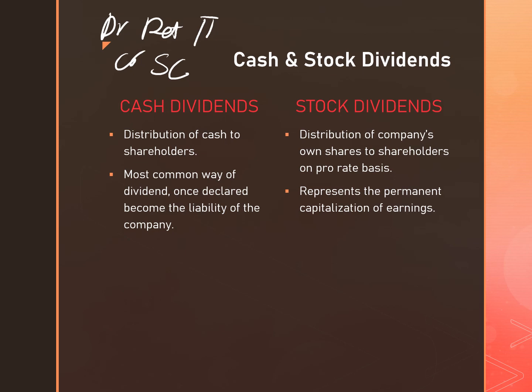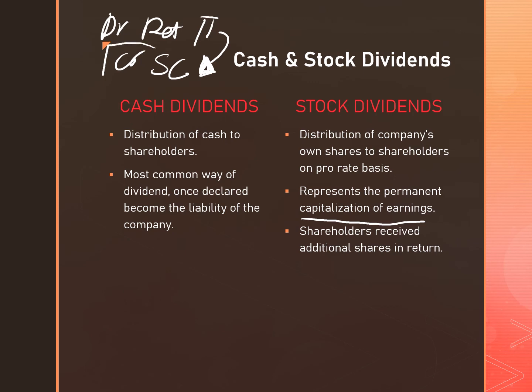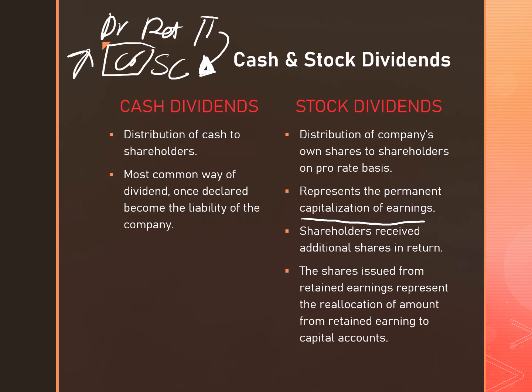So capitalization of earning maksudnya you daripada sini ke sini capitalizekan you punya earnings. Next, the shareholder receive additional shares in return because if you can see from here, dia akan credit, so dia akan increase in share capital lah. And then the shares issued from retained earning represent the reallocation from retained earnings to capital account. This one reallocate.